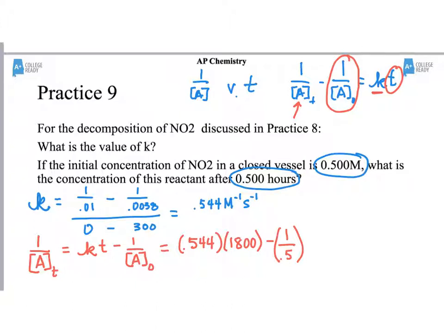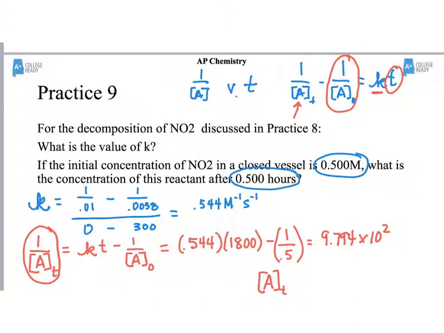Now if we calculate all of that out in our calculator, we get 9.794 times 10 to the 2. And remember that all of that is equal to 1 over the final concentration. So to get the final concentration, we just need to take the inverse of that.